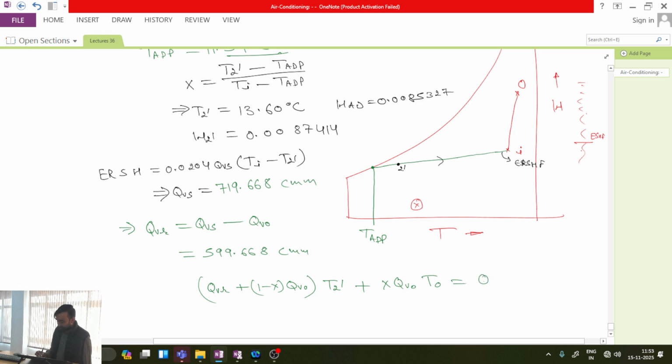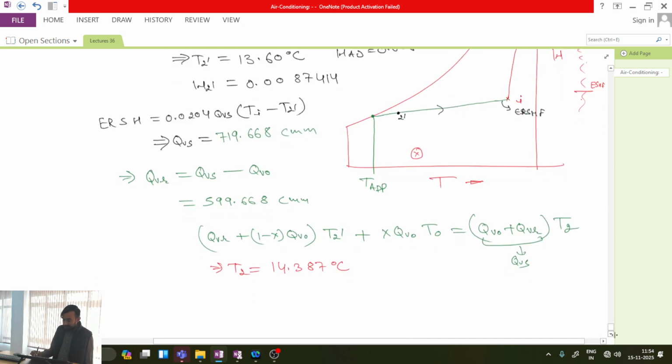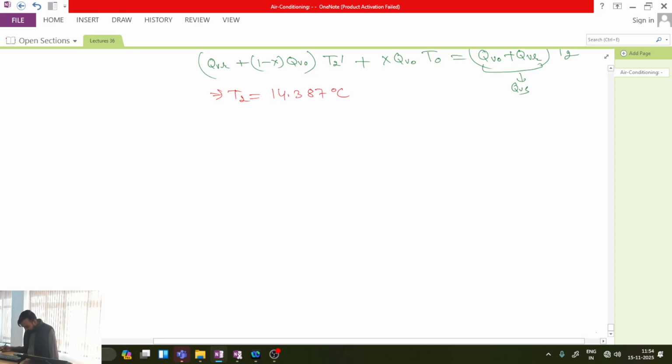Finally it is forming the volume QV naught plus QVR, which is QVS, and it is becoming state 2. Can you calculate T2 from here? How much is T2? If you calculate, T2 comes out to be 14 point something. So this is the value for T2.